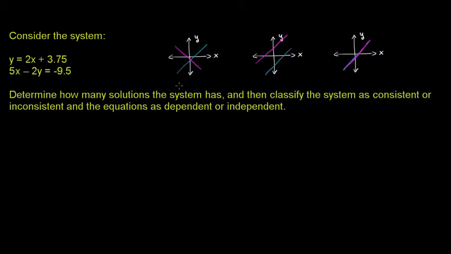Now, depending on whether you look at the equations or the system itself, there are different ways to label these things. From an equations point of view, these two equations are clearly two separate lines, so we call these two equations independent. Here, too, the lines represent two separate equations, so once again they are independent.